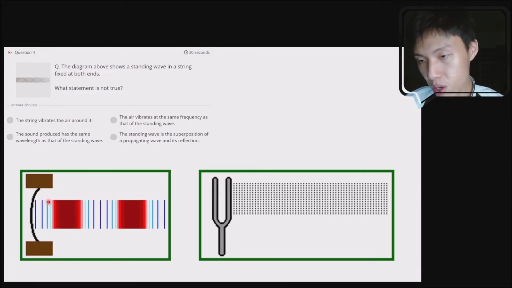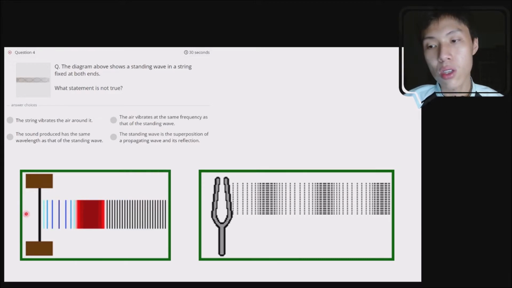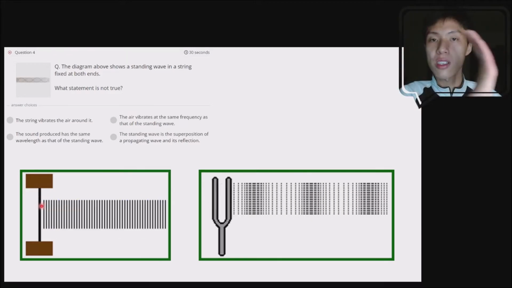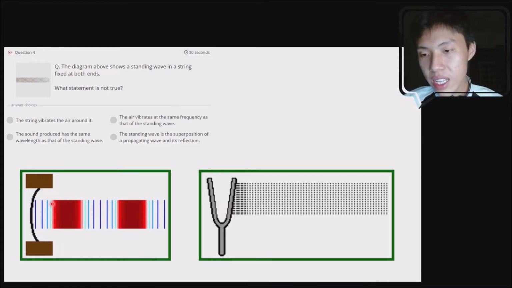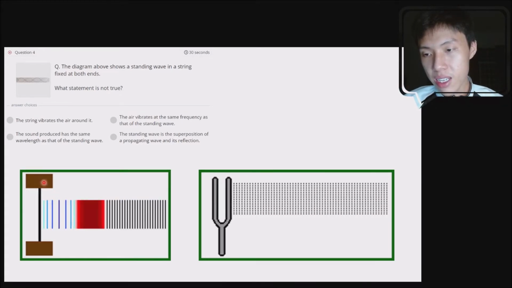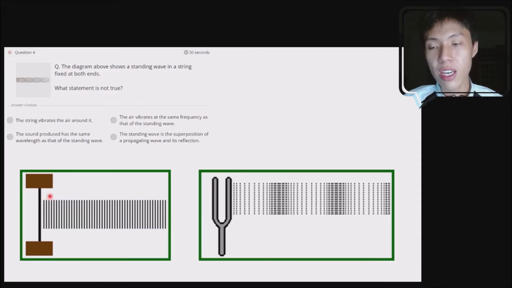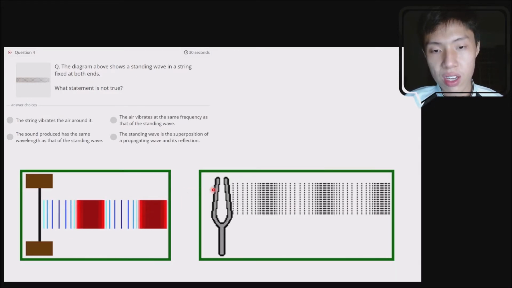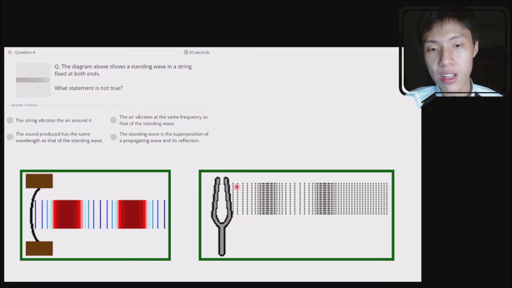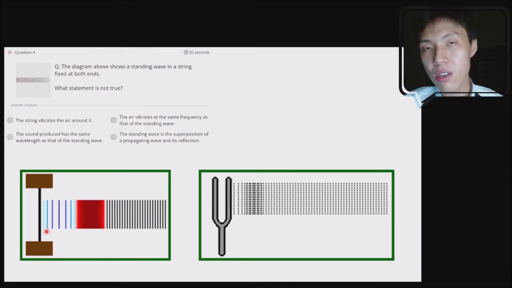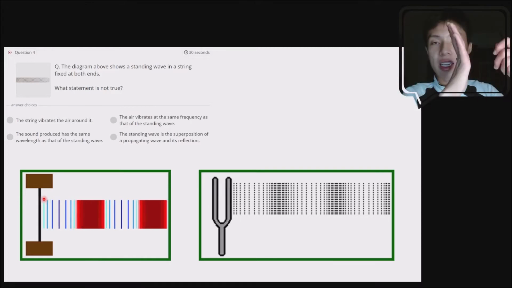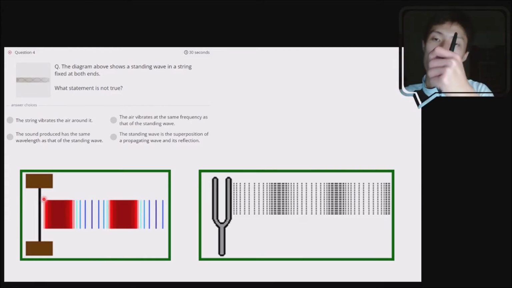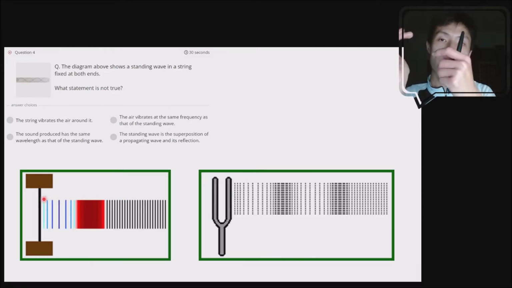This string over here is having a fundamental tone right now, because you can see the string is vibrating this way. These lines beside the guitar string, you can think of as particles, like a dotted line. When the particles feel the string beside them, they will feel a push or a pull depending on how the string vibrates.